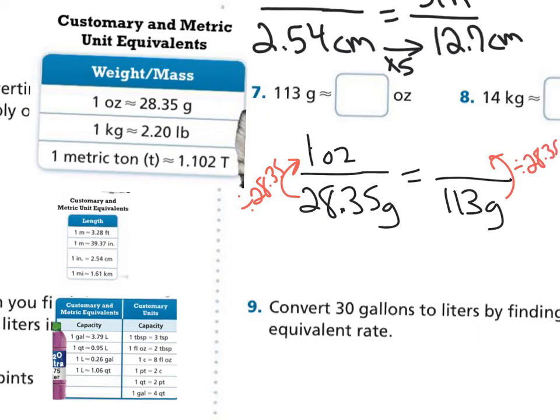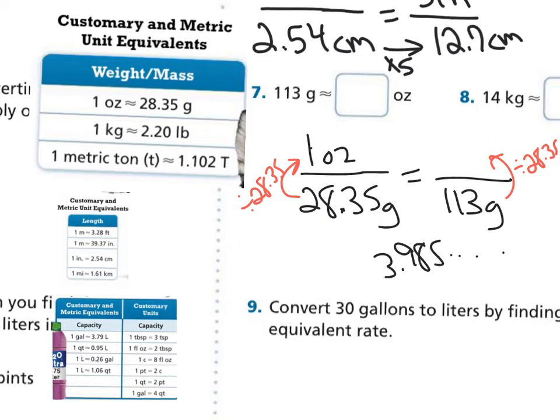So if you do 113 divided by 28.35, that comes out as 3.985, and it keeps going.